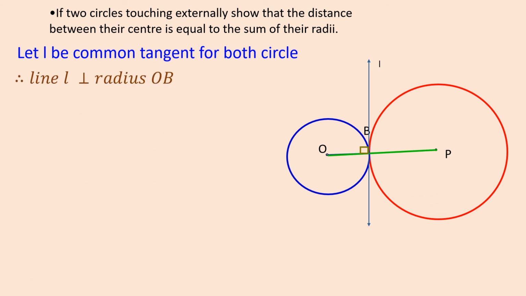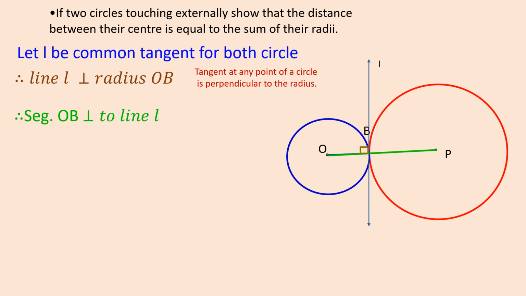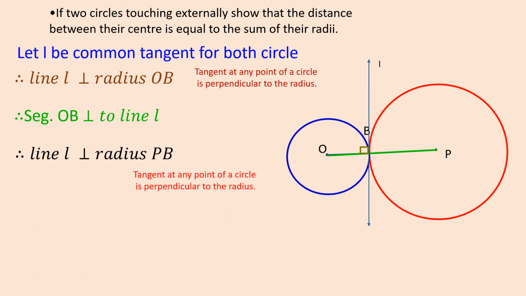Therefore, we can say that line L is perpendicular to the radius OB of the smaller circle, which can also be said as a tangent at any point of a circle is perpendicular to the radius. Also the reverse way, we can say segment OB is perpendicular to line L. Same way, line L is perpendicular to the radius PB. Again, the reason will be the tangent at any point of a circle is perpendicular to the radius.